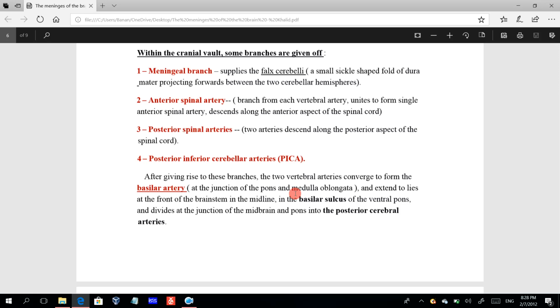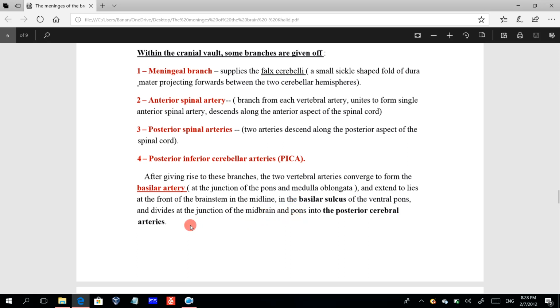Here, the basilar artery extends upwards and forwards and ends at the junction between the pons and the midbrain.